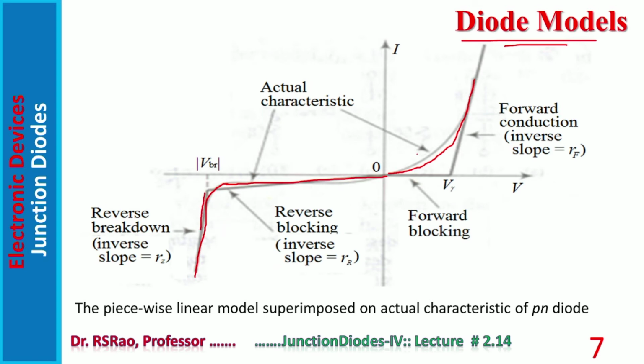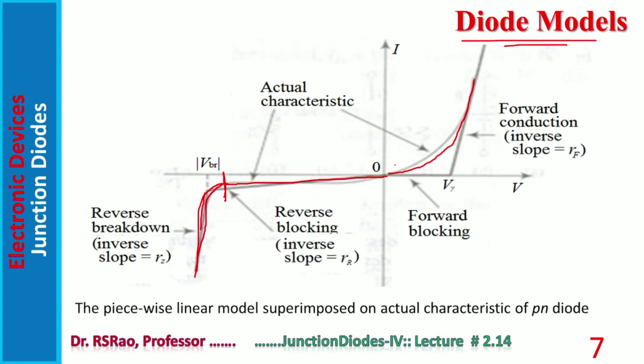So this is the actual characteristic. This has been derived partly from the diode equation, and the remaining is from reality. This fall we can know from experimentation.